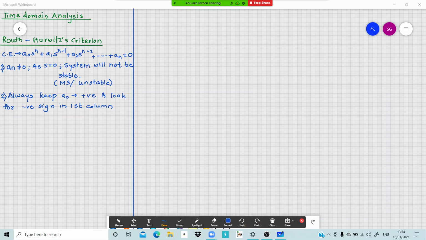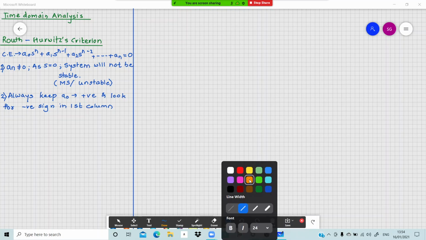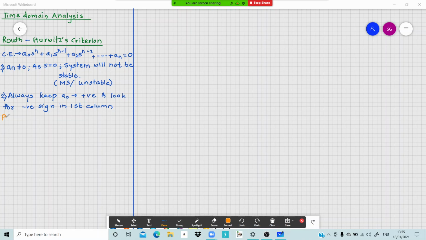Okay, then what is the procedure? Whatever is the characteristic equation that you are having, you form a Routh array, right? Before that, I would like to tell you the procedure. This has again two aspects. There are two reasons to go for it.